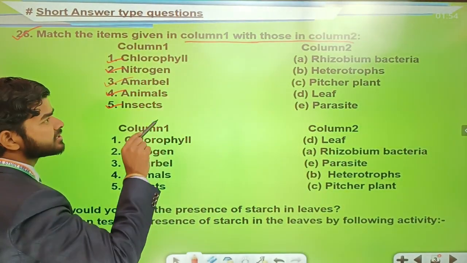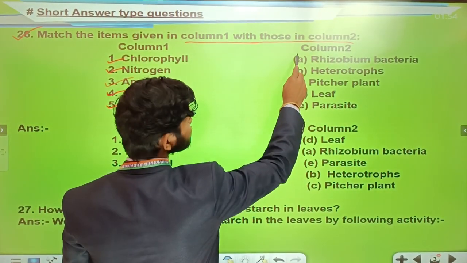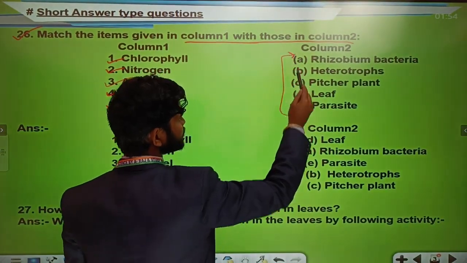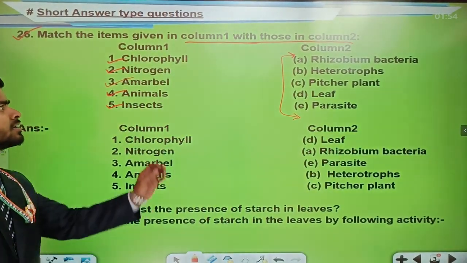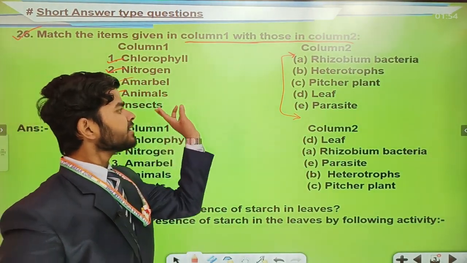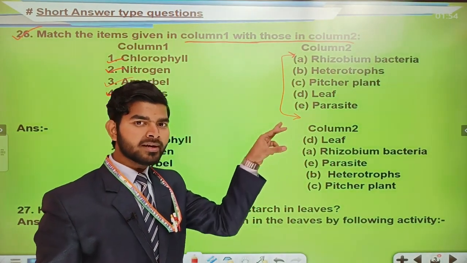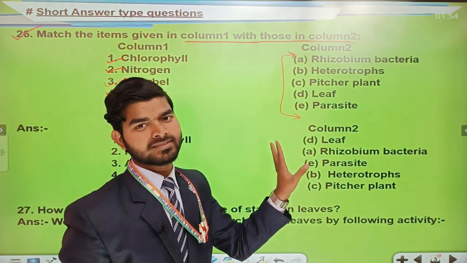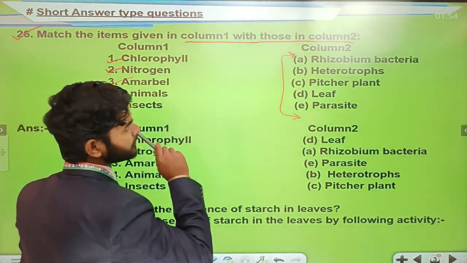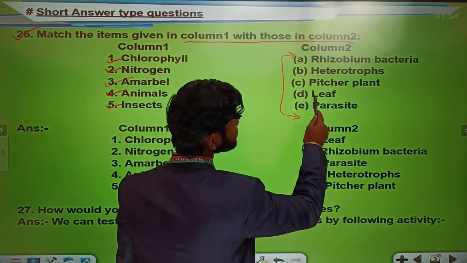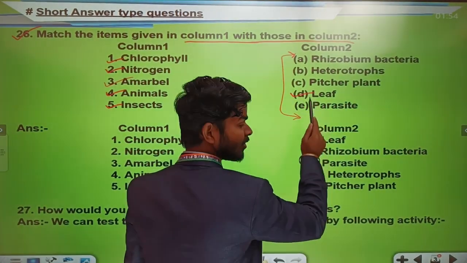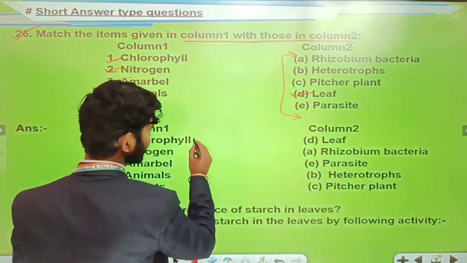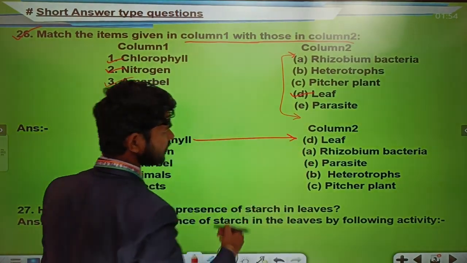So chlorophyll: you need to look at column B, because you need to match column A with column B. Chlorophyll is present in a leaf, so the correct answer for the first one is the leaf.